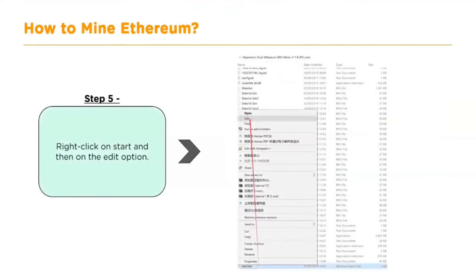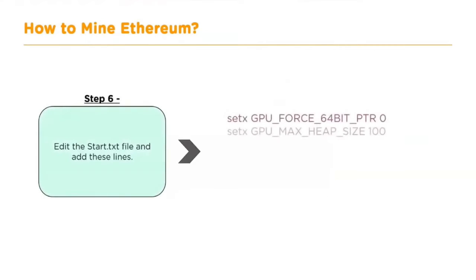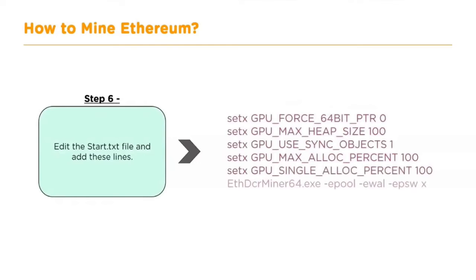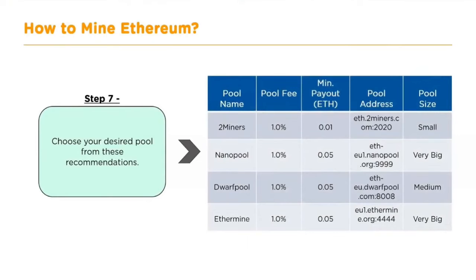Step 5. Right-click on Start and then on the Edit option. Step 6. Edit the start.txt file and add these lines. Step 7. Choose your desired pool from these recommendations. You can also find better search results than these according to your region.